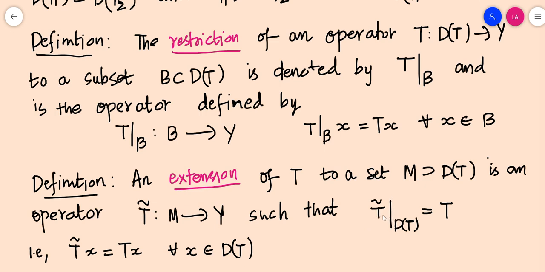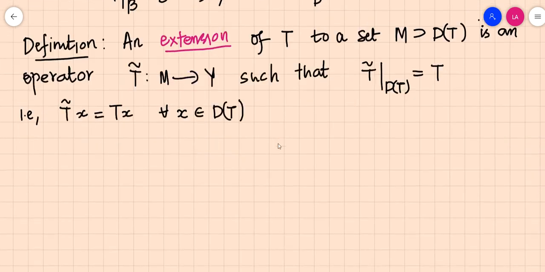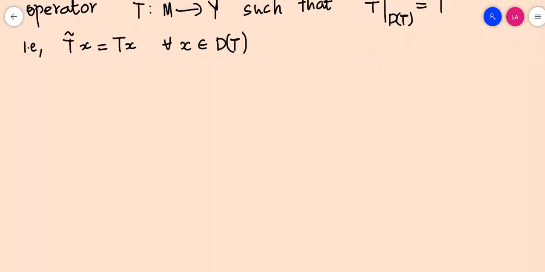It should satisfy T tilde restricted to D of T should be equal to T. If T tilde is called an extension of T, then T should be called the restriction of T tilde. That's the thing. So I think I can try to represent a pictorial representation as well.